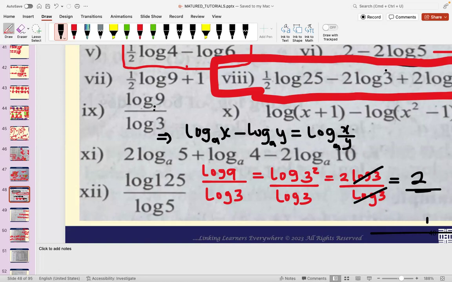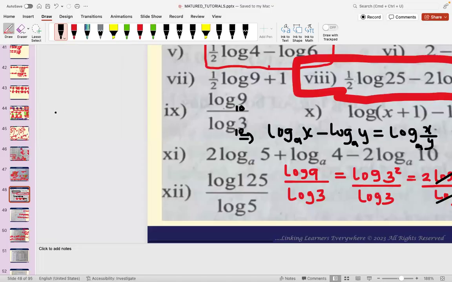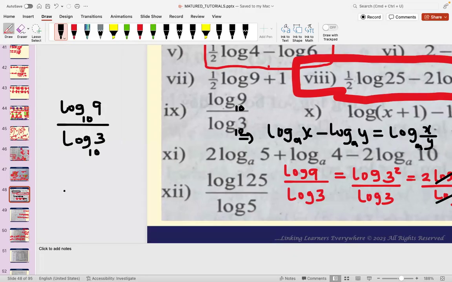You introduce 10 to all of them like this, 10, 10. And once you introduce the 10, you rewrite them as log 10, 9 divided by log 10, 3. Then you pick this one separately, so you have log 10, 3 raised to the power 2, divided by log 10, 3.